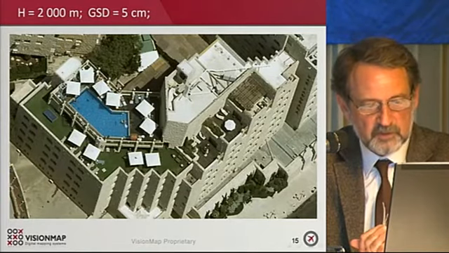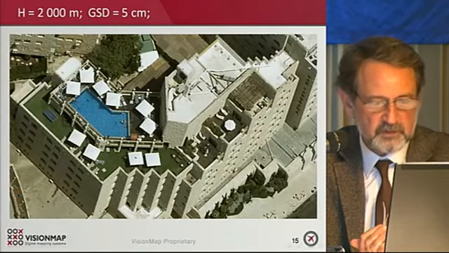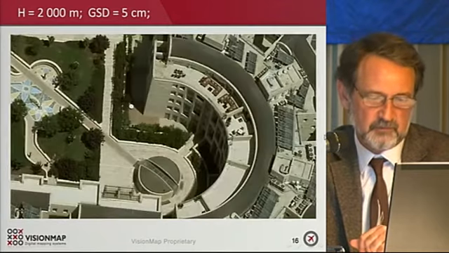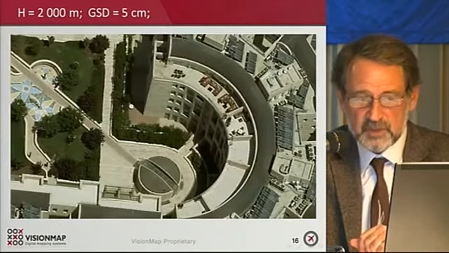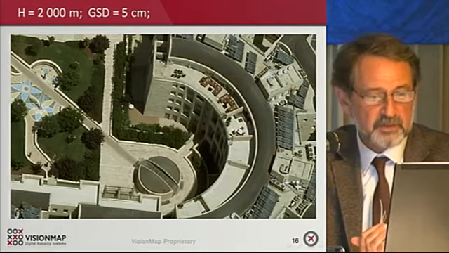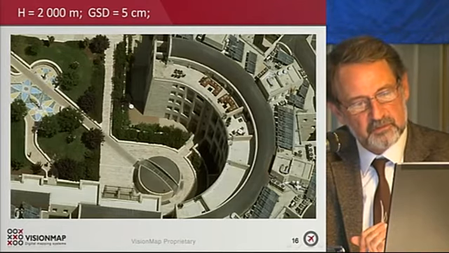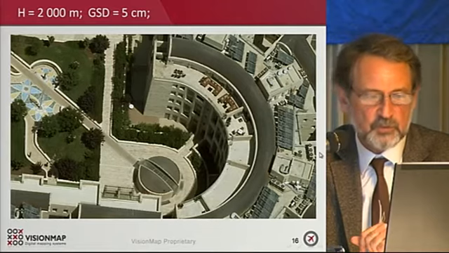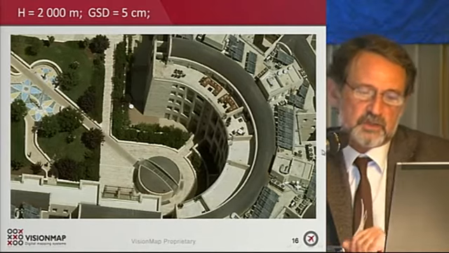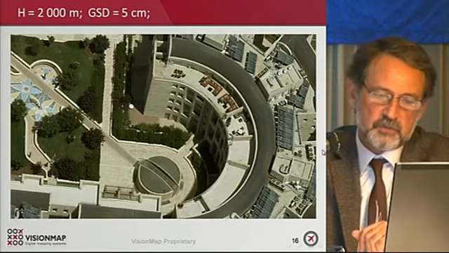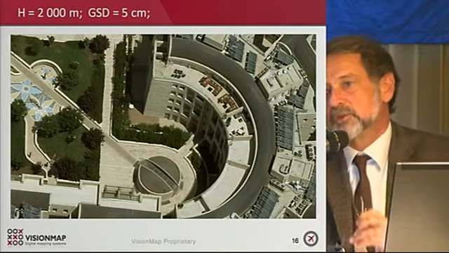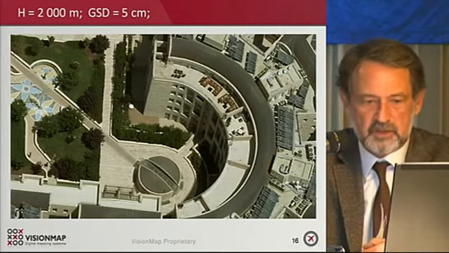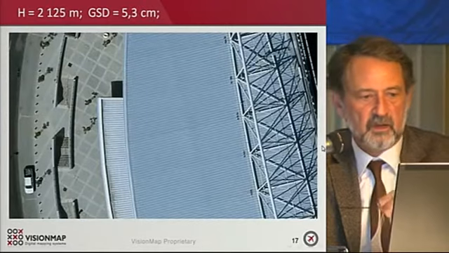You can see a swimming pool. This person must be a little boy using an inflatable cushion. We can count the number of people sunbathing in this penthouse. The higher you fly and the better GSD you have, the better productivity you will have.